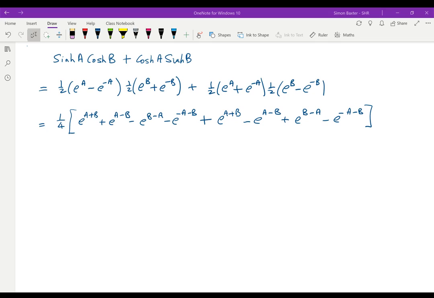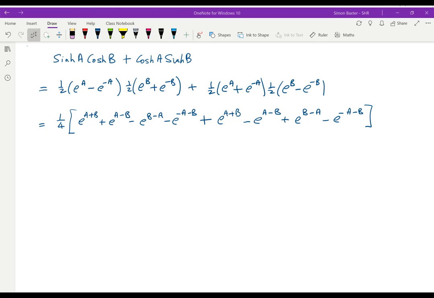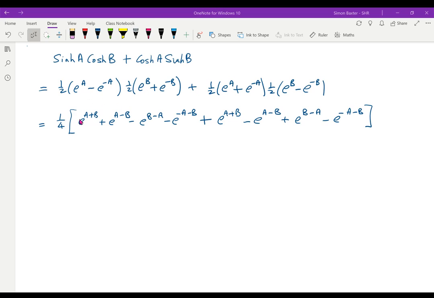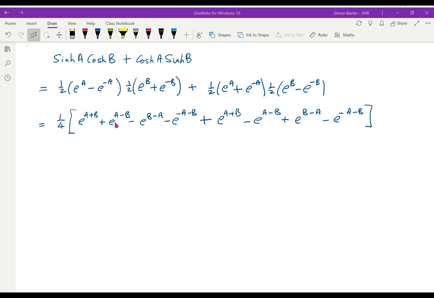And once again, I've saved you having to watch me write it out term by term. e to the a times e to the minus b is e to the a minus b, minus e to the minus a, e to the b, and so on. Half times a half in each term comes out to be a quarter.